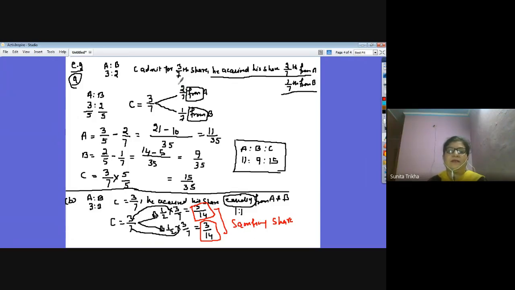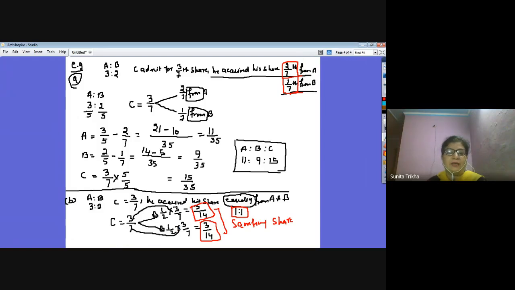When it is given that he acquired his share 2/7 from A and 1/7 from B, here the sacrificing share is given directly to you. But in this case, the ratio is given for how he is acquiring his share, but the share is not given. So first you have to calculate the sacrificing share.